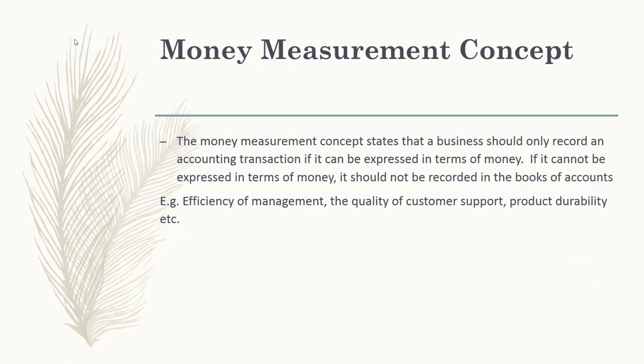This money measurement concept states that a business should only record an accounting transaction if it can be expressed in terms of money. If it cannot be expressed in terms of money, it should not be recorded in the books of accounts. So I have given you 2 examples here.